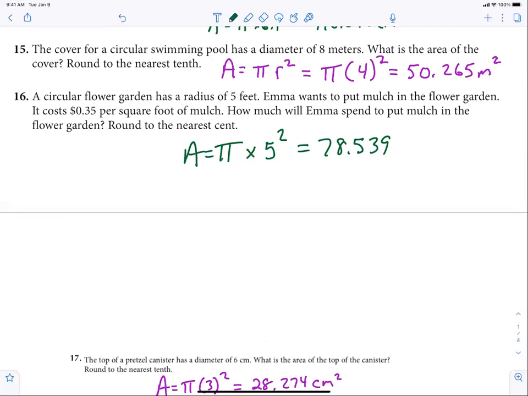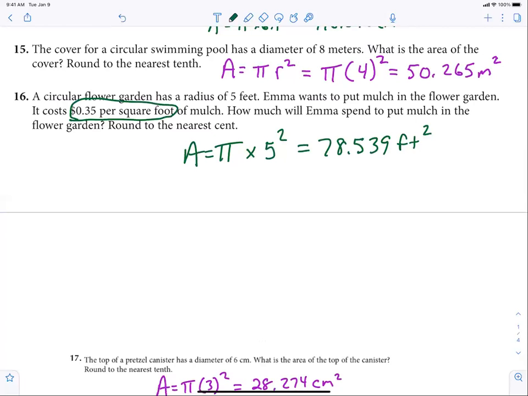Cents or dollars. No, not yet. You're finding the area of your garden, which is this many square feet. You understand that? So now visualize, you got 78.539 square feet. And it's going to cost you what? 35 cents per square foot. So now what do I do? Now I want you to tell me what to do to solve the problem.